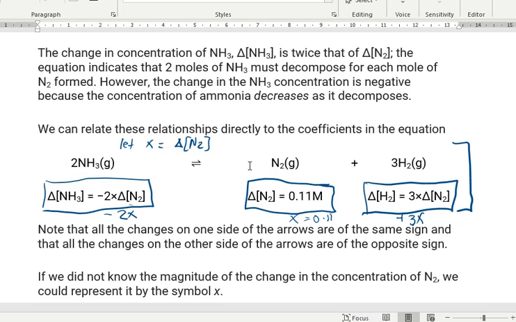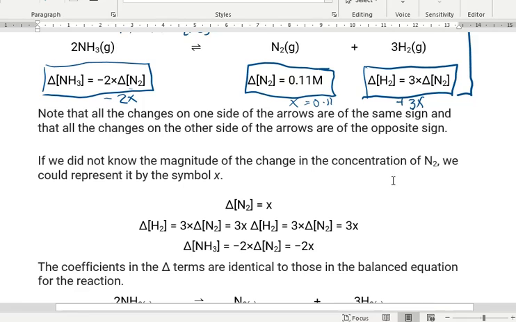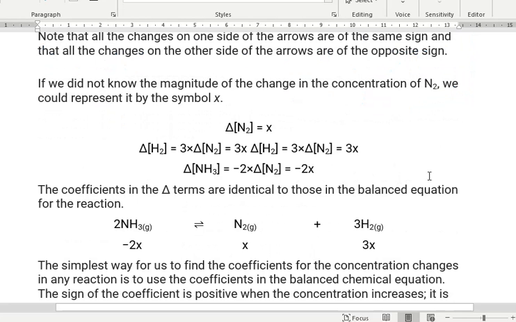This is so it is easier to solve for x rather than working with the change in N2, which is too long. Okay? So, now we can compute for the value of x using algebra, right? Okay, so this is what we did, class.